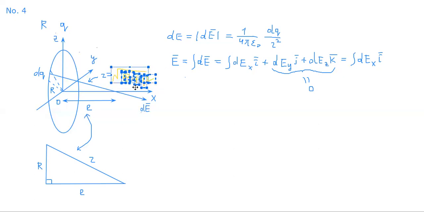I'll try to draw this here. dEx is the part of the vector dE that has the same direction as the x-axis.